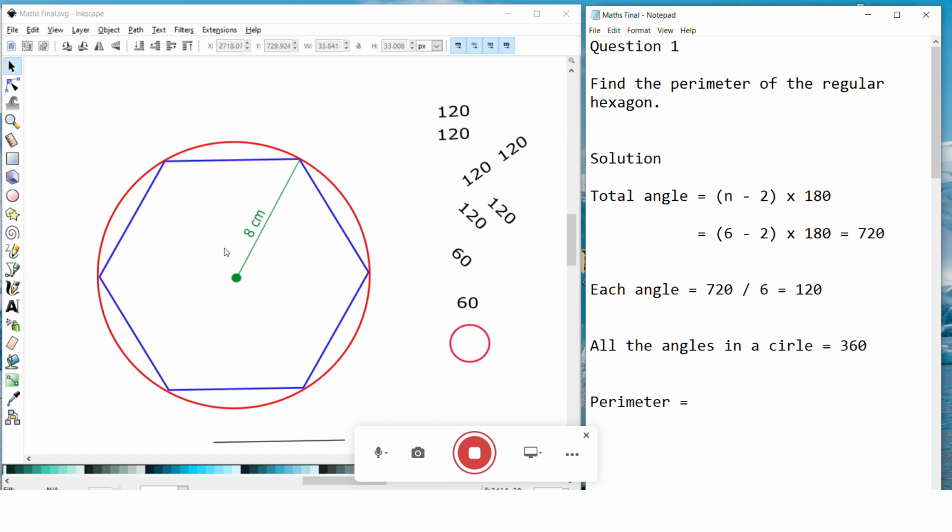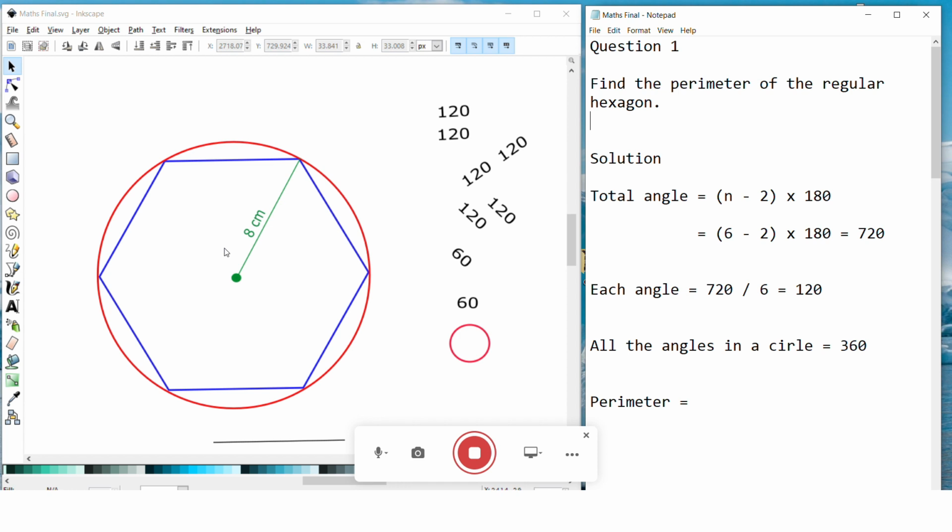So here's how we're going to go about this question. There's a formula we need to pull out. They usually introduce it in Form 3. If you have any three-sided figure, a triangle, all the interior angles add up to 180. Any four-sided figure, for example a square, a rectangle, a parallelogram, all the interior angles add up to 360.